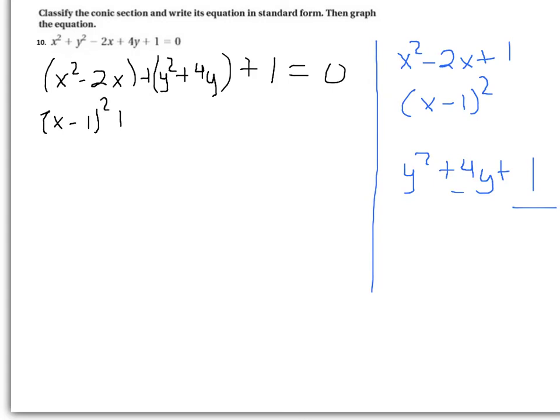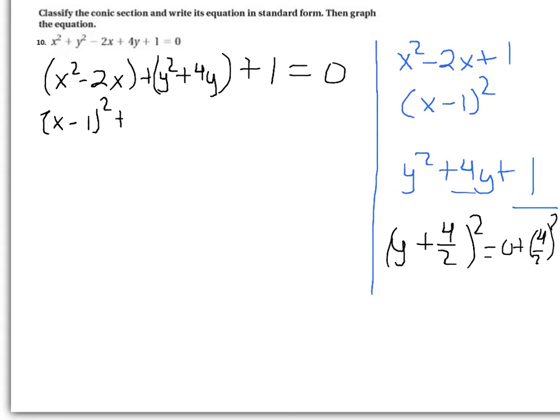Now what we need to do is complete the square for this. So remember, you do this. You go y squared, sorry, it's y plus b divided by 2 squared equals. And see how there's this 0 here? Plus b divided by 2 squared.